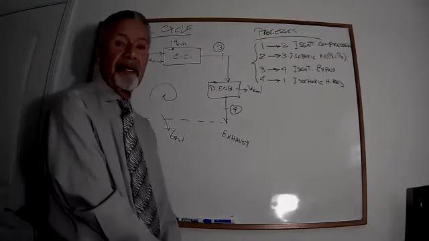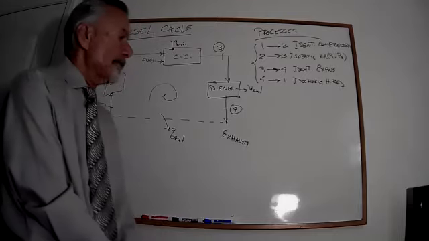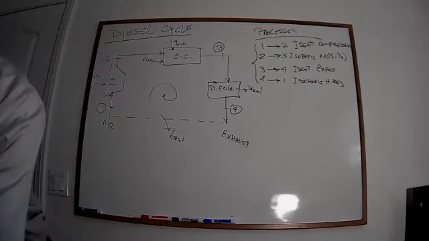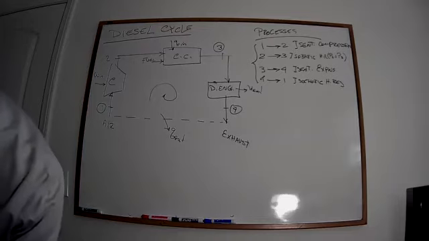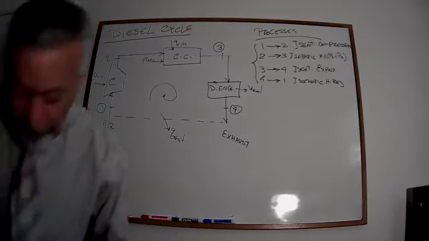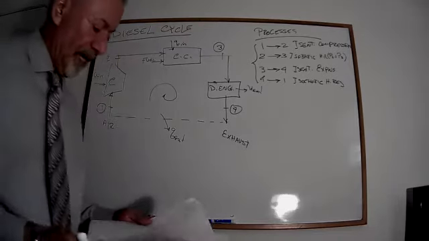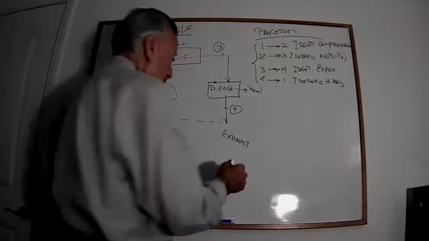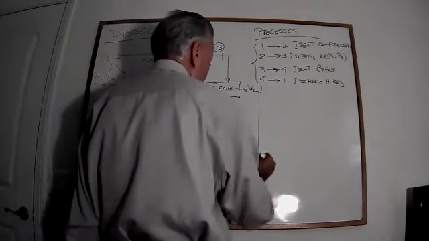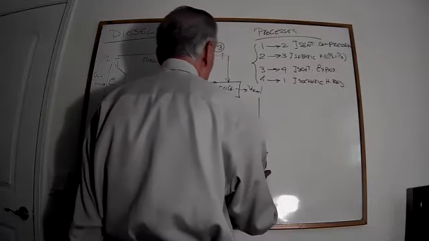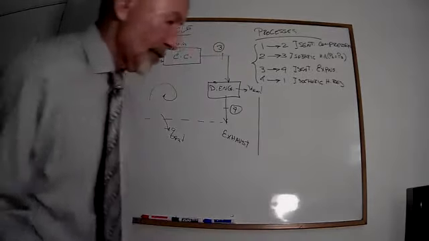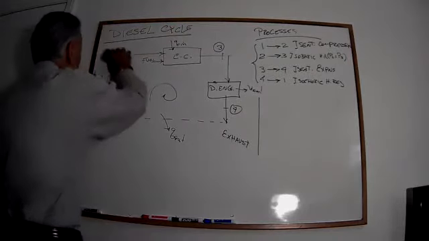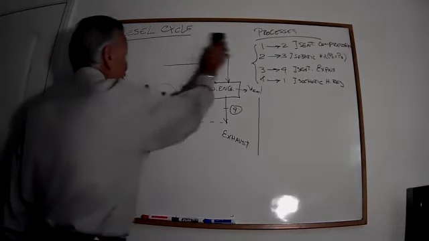Another question? So now that we have new processes, we should have new TS and PV diagrams. So let's do, if you don't mind, I'm going to erase this equipment because you don't need that.